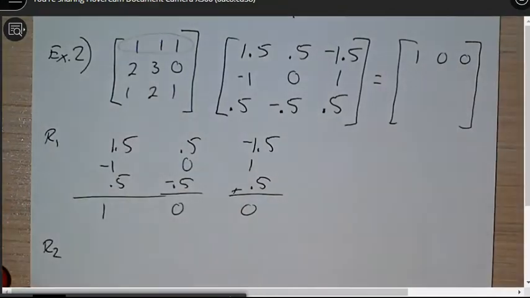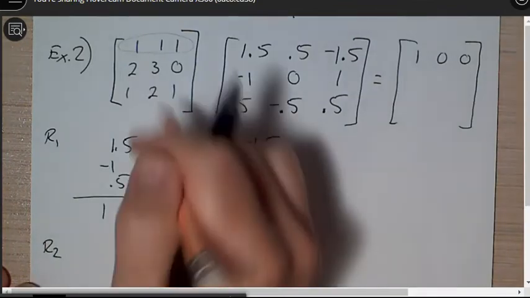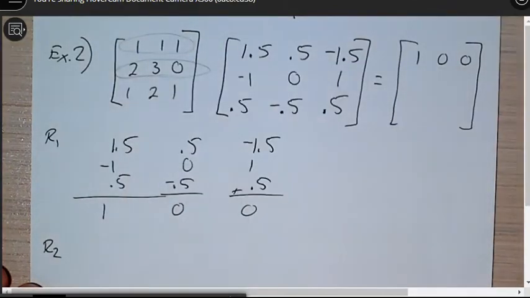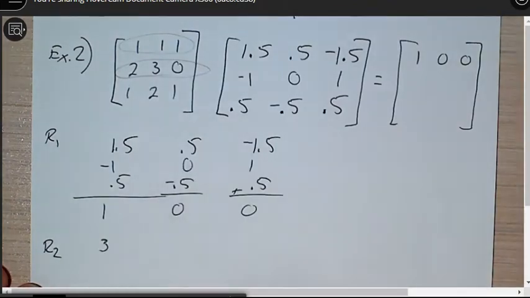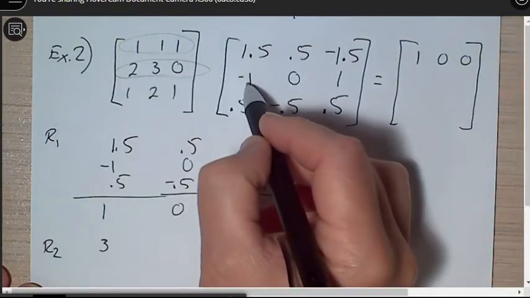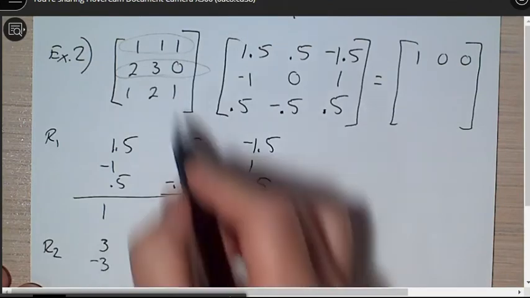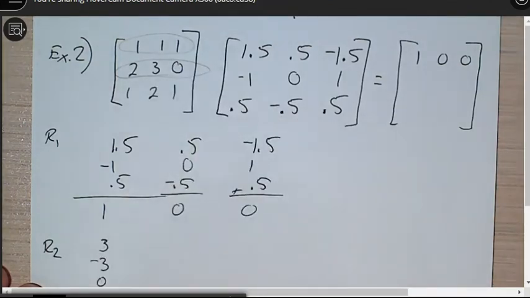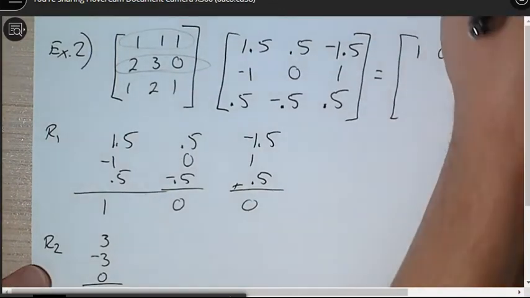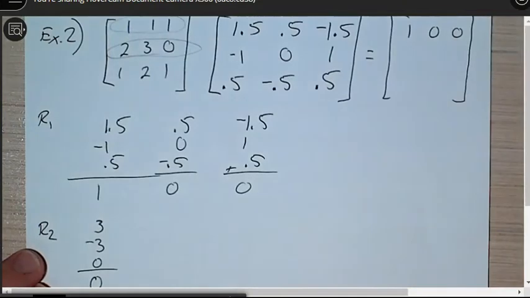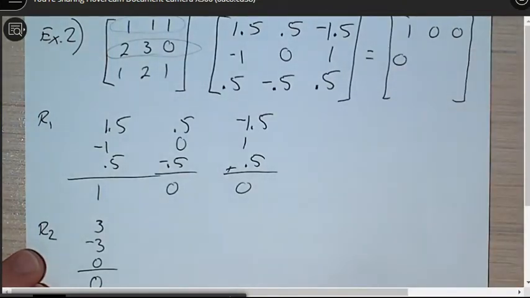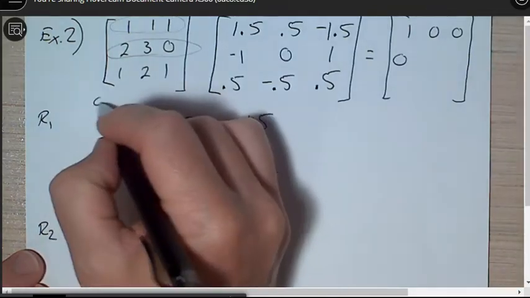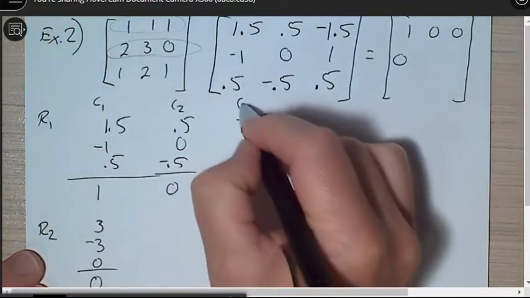For row 2, and just to save some space, we're going to do 2 times 1.5, which would be 3. We're going to do 3 times negative 1, which would be negative 3, and 0 times anything is 0, so we add all that together, and that is 0. Okay, so here's where we did column 1, column 2, column 3.